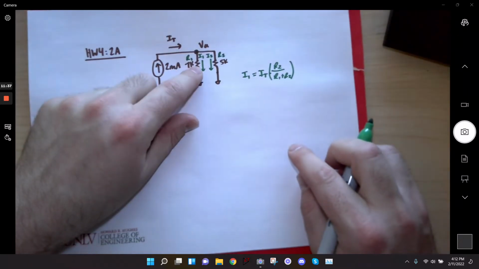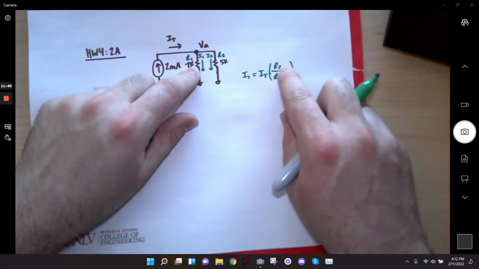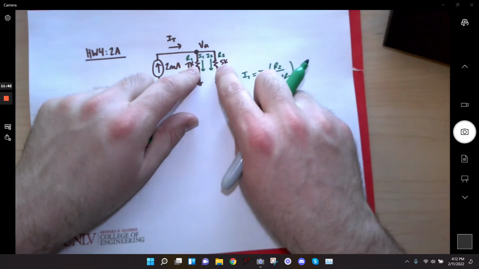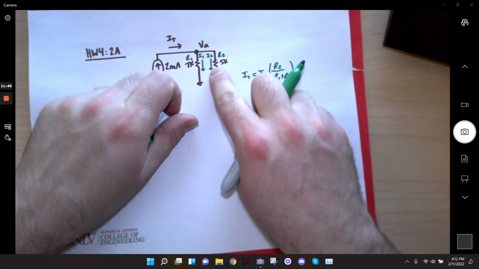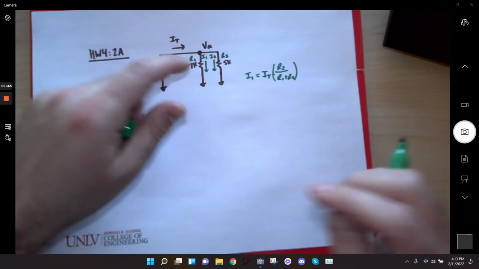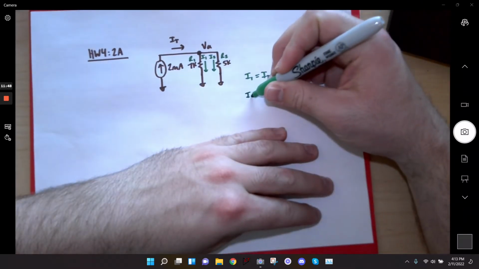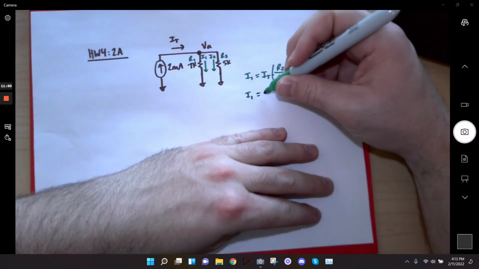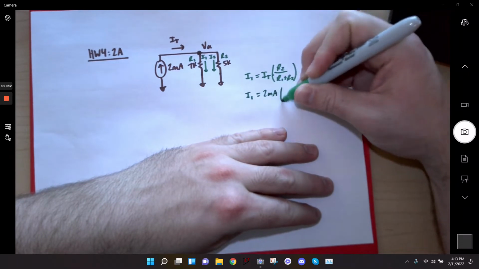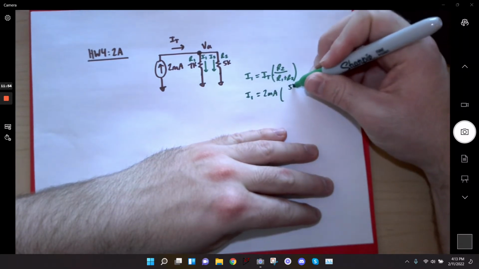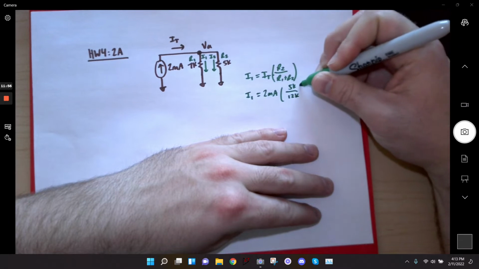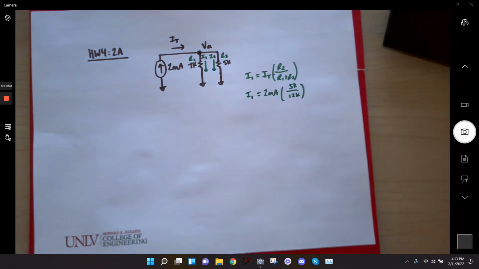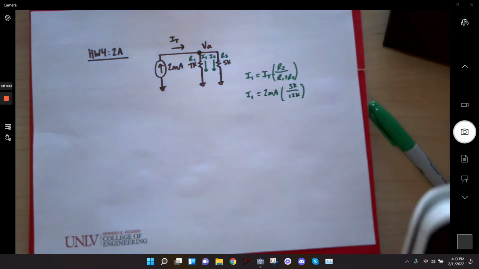Basically, the numerator of this equation is the opposite resistor. So if I want to find I1 first, that's going to be 2 milliamps times 5K divided by 12K.